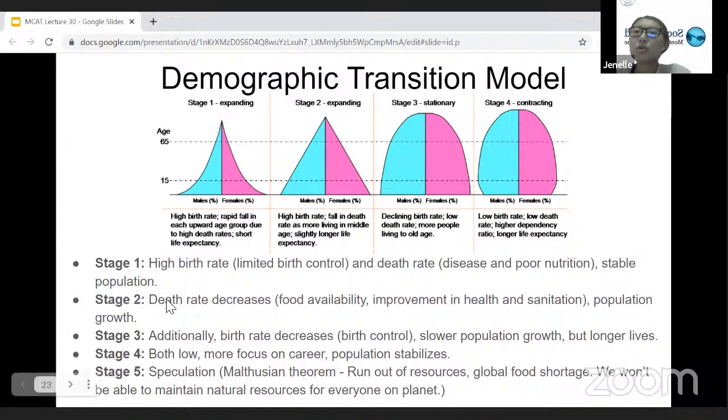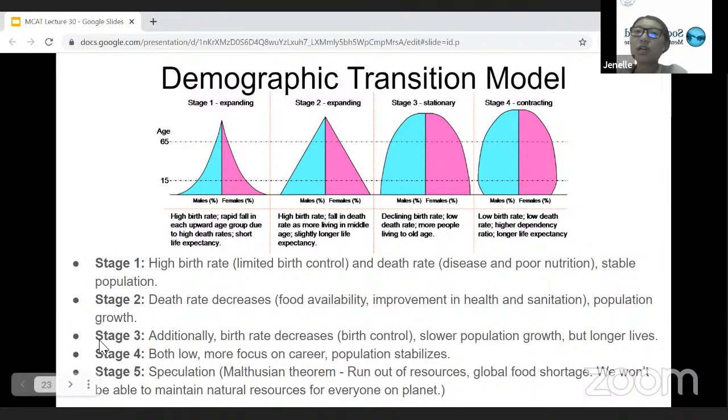And in stage 2, the death rate decreases because of more food availability and also because of an improvement in health and sanitation. It still has that high birth rate, but because of the death rate decrease, it causes population growth, which creates this triangle that's more rounded out on the sides.